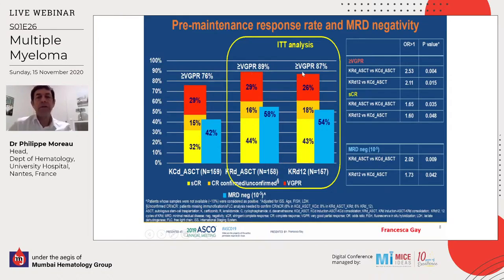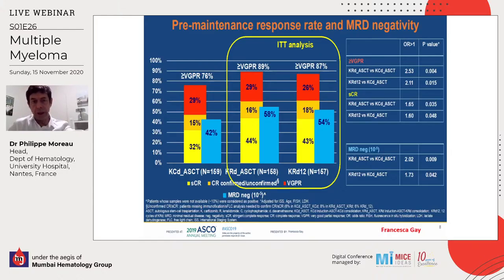You see the VGPR rate, almost 90% before maintenance, and the MRD negativity rates in blue seem to be identical, in fact, 45% with KRD alone, 58% with KRD plus stem cell transplantation. So very similar results at 10 to the minus 5.